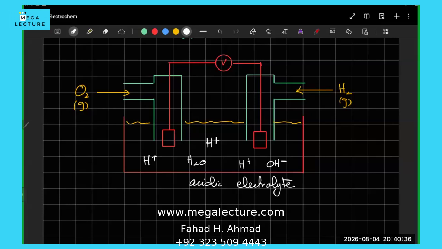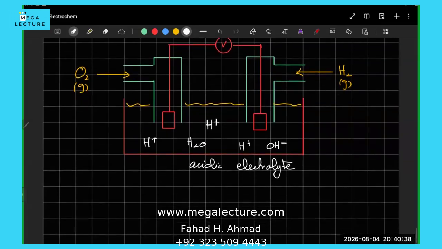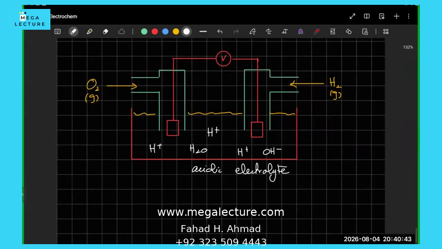So if you have the data booklet here, you can look for equations. Open the data booklet.